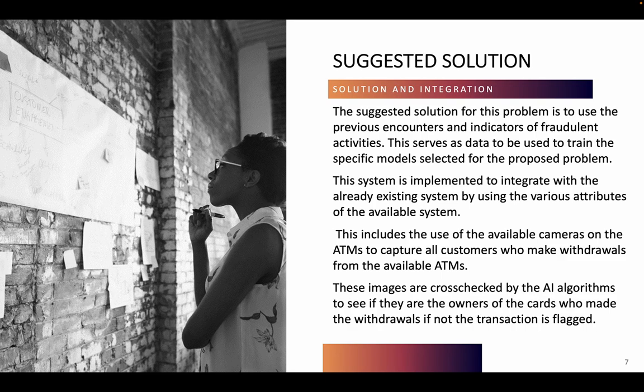Now, the model that we are suggesting they implement using AI and machine learning works this way: anyone who comes and inserts the card into the machine will have his or her face taken by the camera of the machine, then cross-referenced with the image of the person who actually created the bank transfer.